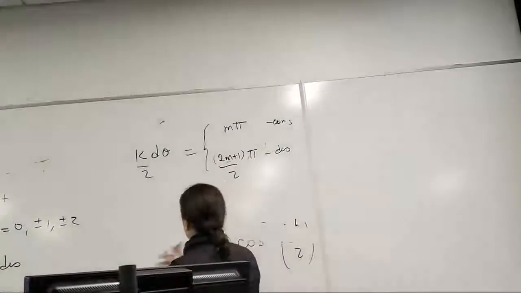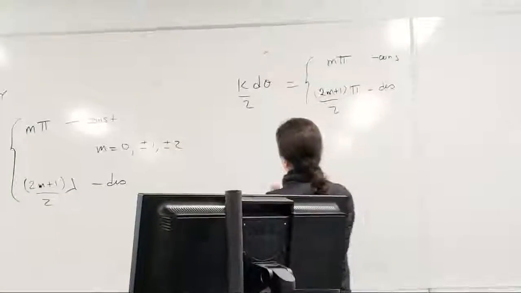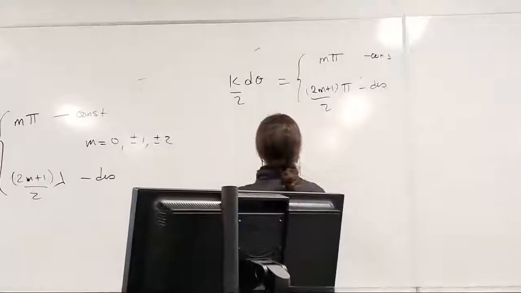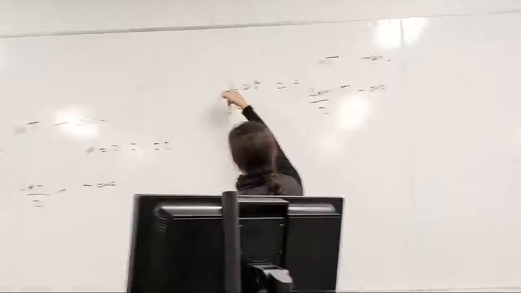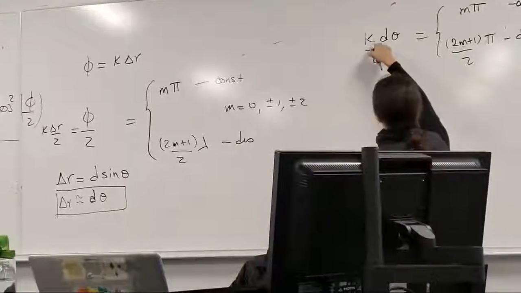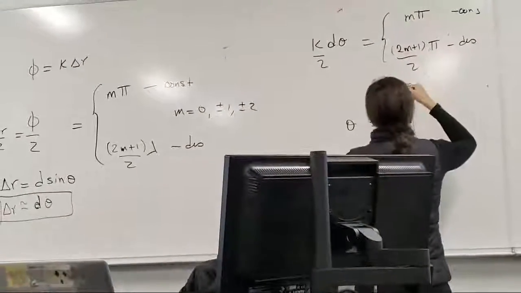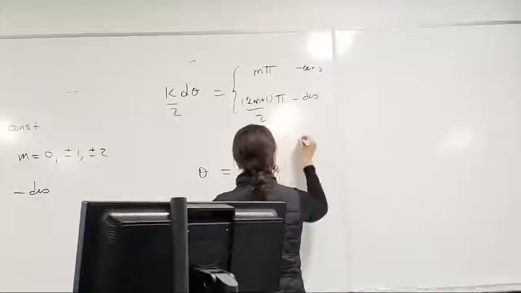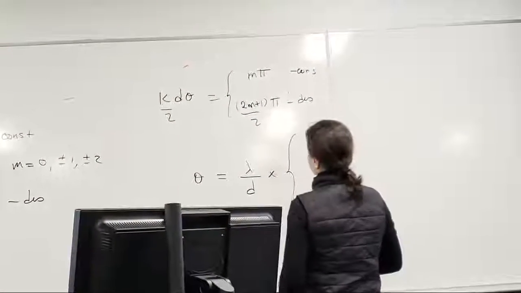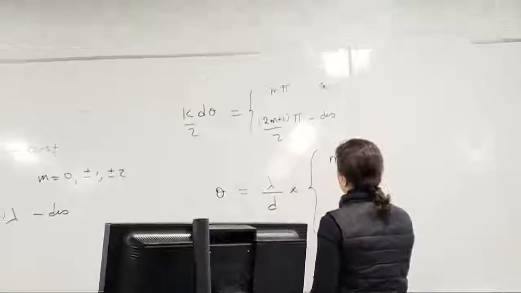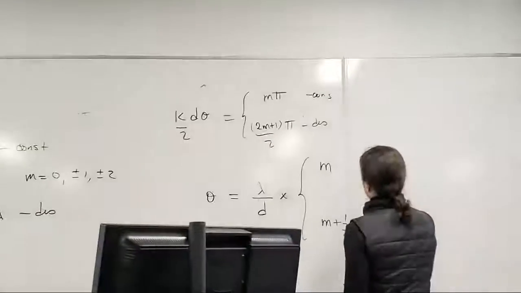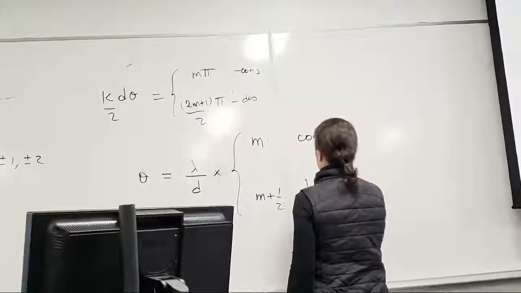Alternatively, since k is 2 pi over lambda, I can write that theta, the angle at which I see either a maximum or a minimum, is equal to, the 2 cancels with this, the pi cancels with these 2 pi's, so lambda over d times m gives me constructive interference, and times 2m plus 1 over 2 for destructive.